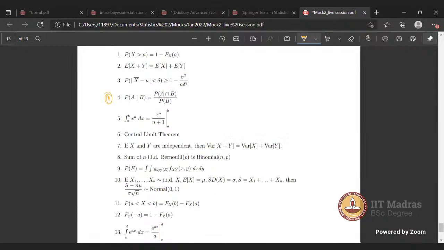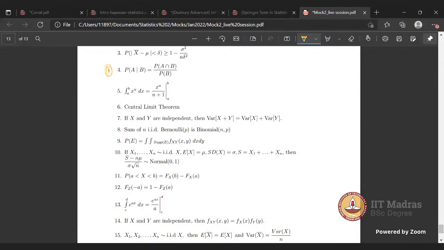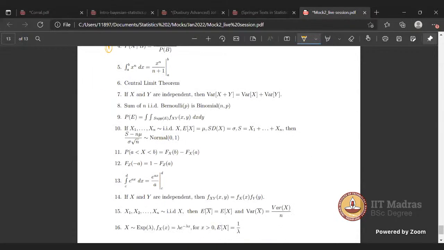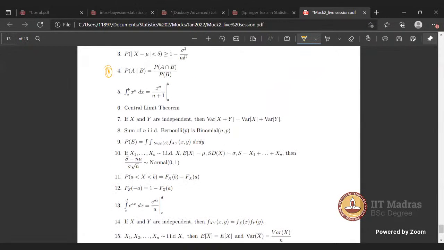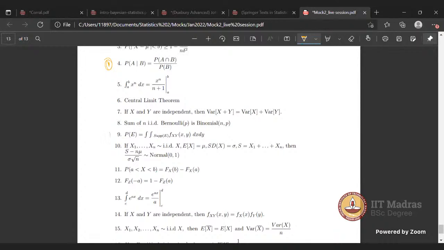Nowhere did we come across the integral of x to the power n dx, so I will not use it. CLT is not valid there. Now I had some event and had to find its probability, so I double integrated the joint distribution over the support. So I can mark this also for the first problem.